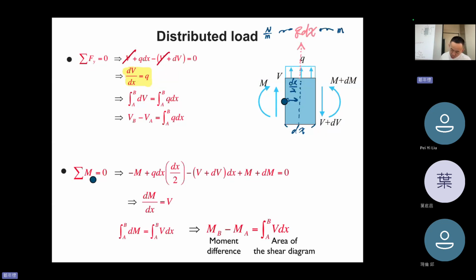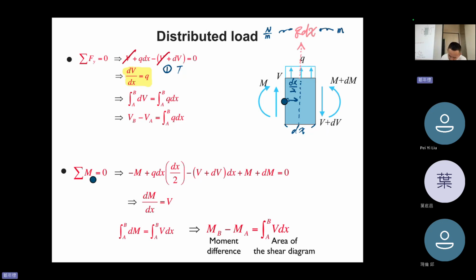I will give 6 conclusions to help you draw the shear and moment diagram. All right. So you see, dV over dx. Don't you think this is the slope of an x and V diagram? Okay.